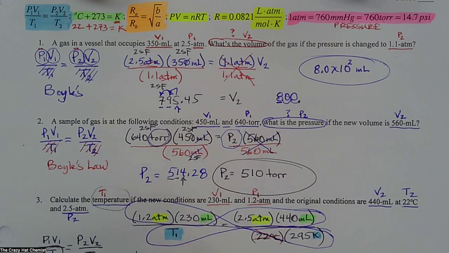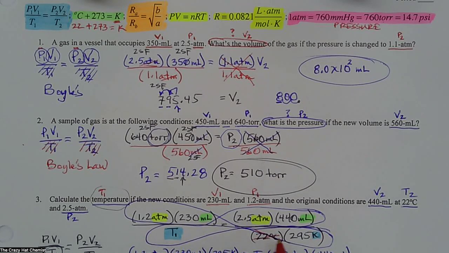So it's 1.2 atm times 230 milliliters times 295 Kelvin is equal to T1 times 2.5 atm times 440 milliliters. And we are still solving for T1.